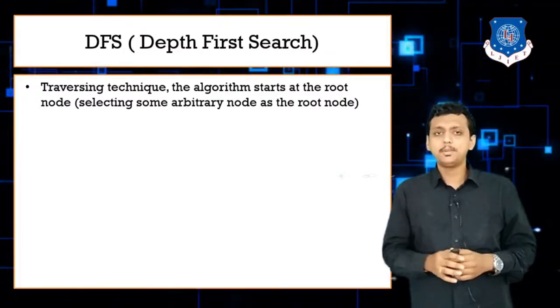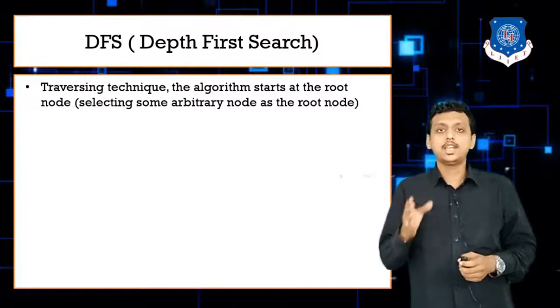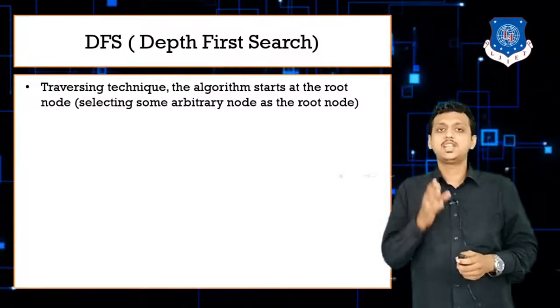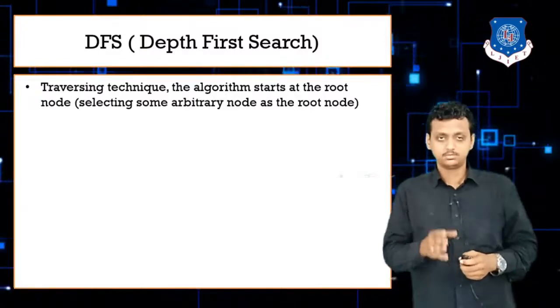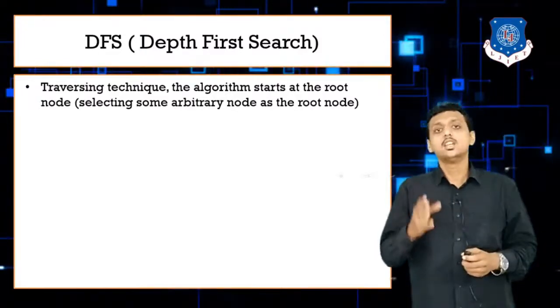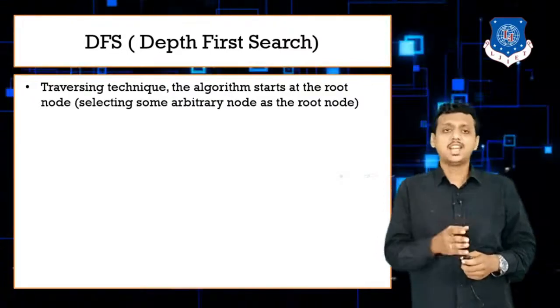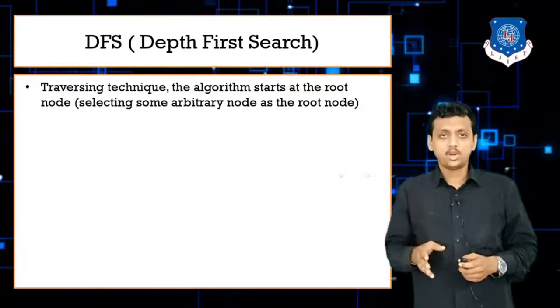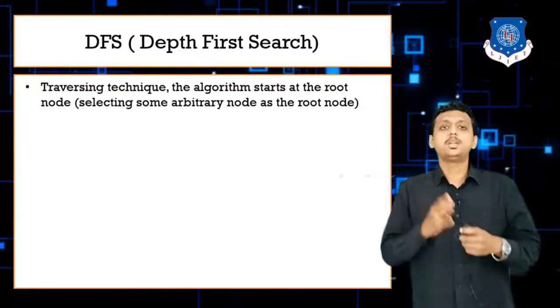What do we mean by arbitrary? Arbitrary means, students, if we have A, J, P and Q, we first visit A, then J, then P and then Q, alphabetically. If we have 10, 30, 45 and 36, then we first visit 10, 30, 36 and 45, and so on. So this is an arbitrary form.